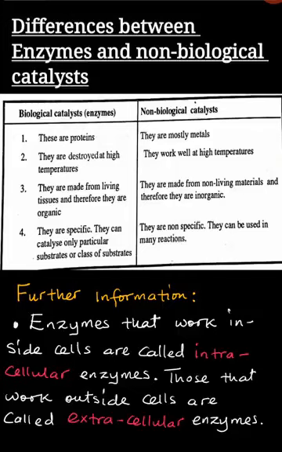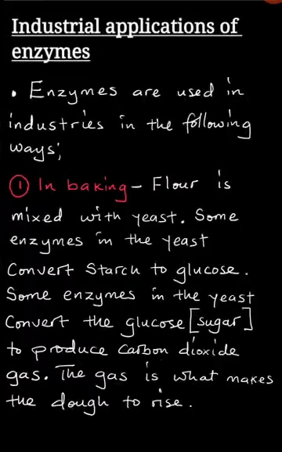So once we are done with the comparisons between enzymes and non-biological catalysts, we can now look at how enzymes are applied in industry, how useful enzymes are in our day-to-day livelihoods.